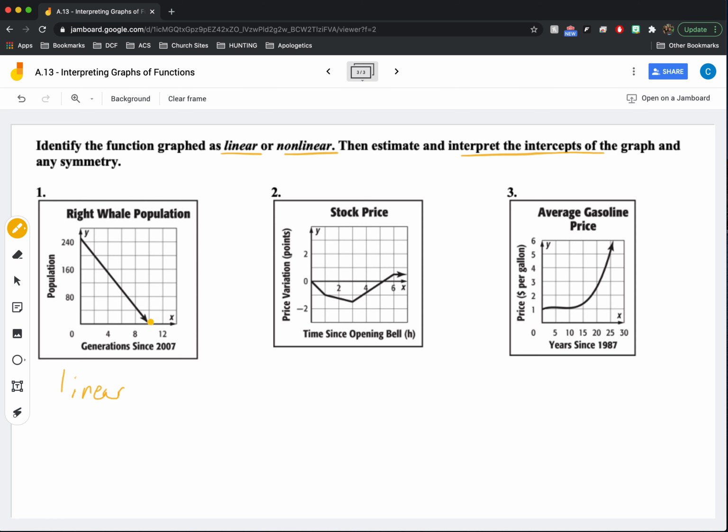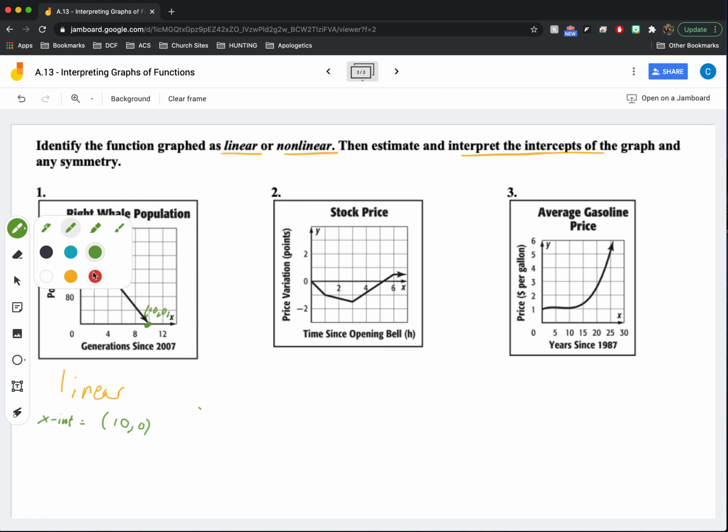Let's do our x-intercept, where it crosses the x-axis. The x-intercept equals 4, 6, 8, 10, so 10, 0. That's my x-intercept, 10, 0.